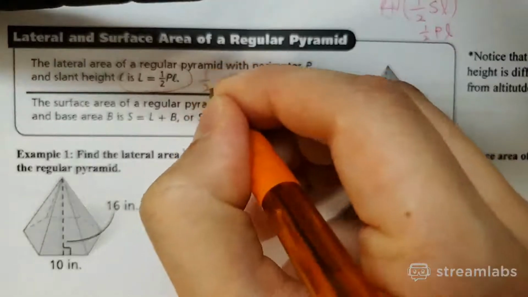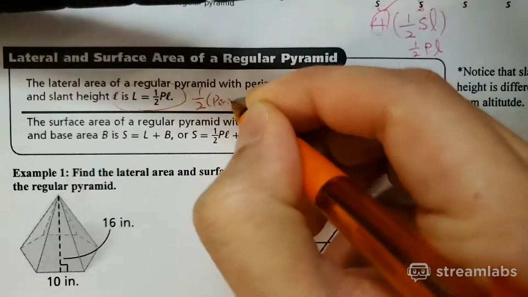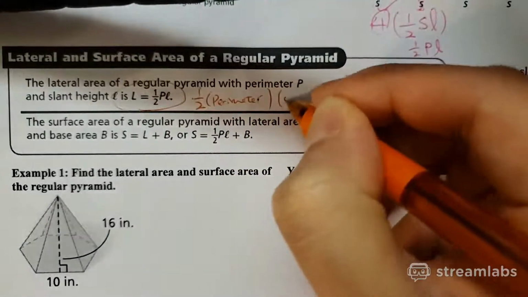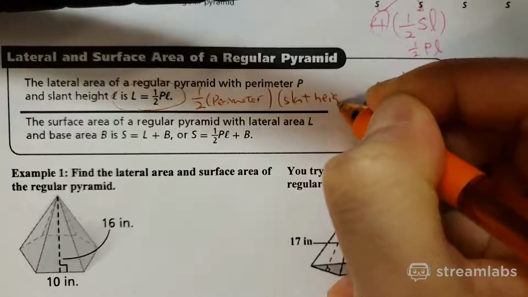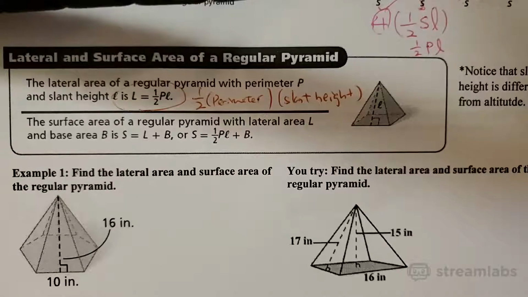It's 1/2 perimeter times slant height. Okay. We good with this?